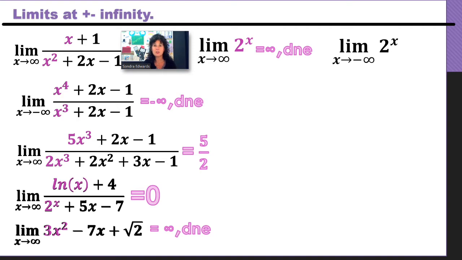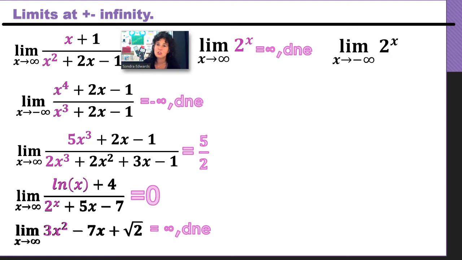If I start substituting numbers as x approaches negative infinity, however, so 2 to the negative 1, that's 1/2. If I substitute negative 2, I have 1/4. If I substitute negative 3, I have, oh, excuse me, I have 1/8.